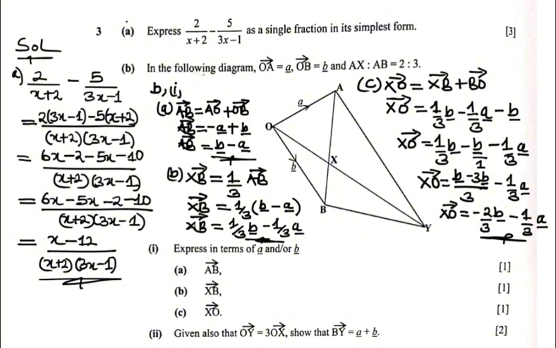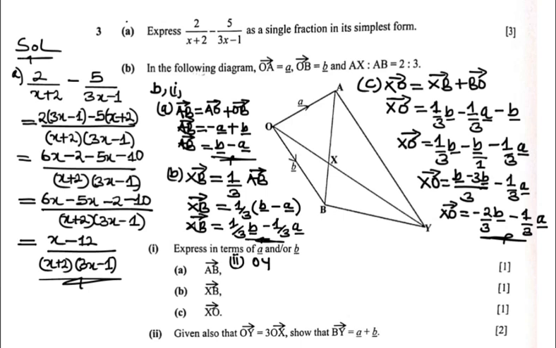Moving on to Roman numeral 2. Given also that OY vector is equal to 3 OX vector, show that BY vector is equal to a vector plus b vector. To show this, we start by finding OY vector. OY vector is equal to 3 times OX vector.